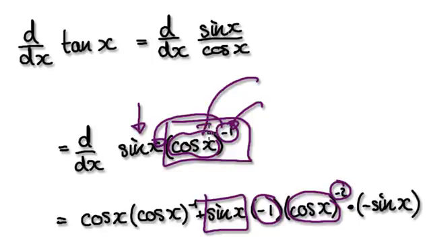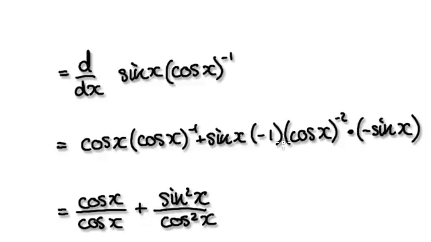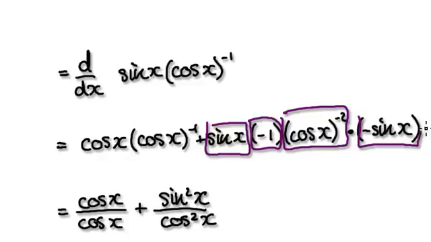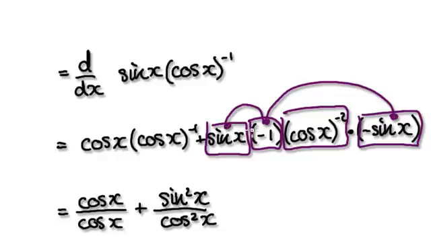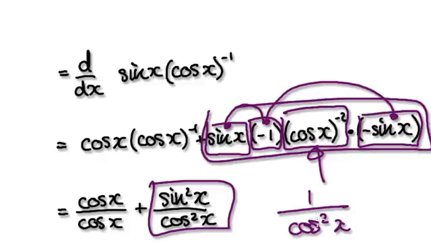But then you've got to use the chain rule and find the derivative of the bubble itself. That will be minus sine of x. Okay, so tidy this up and it will give you this. You've got this block times this block times this block times this block. If you merge these two together and then these three together, this whole thing becomes this, because this is really 1 over cos squared of x.